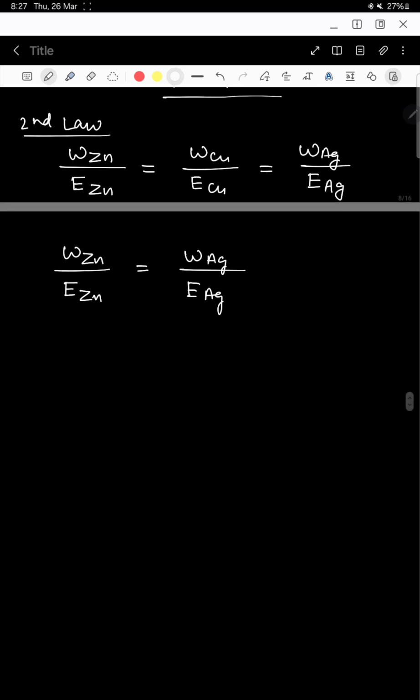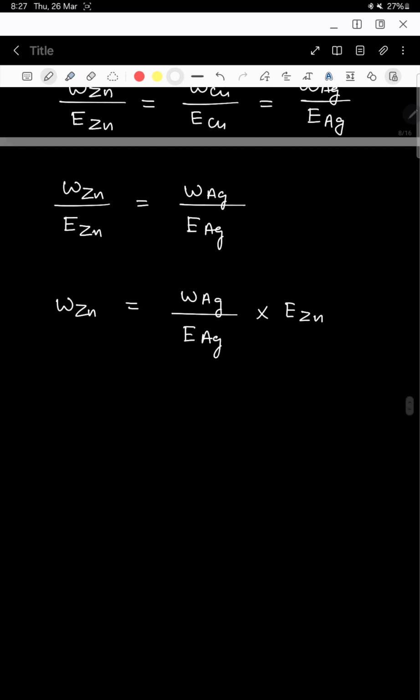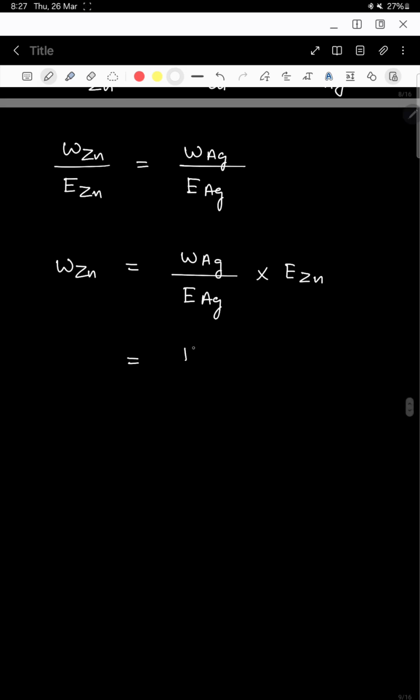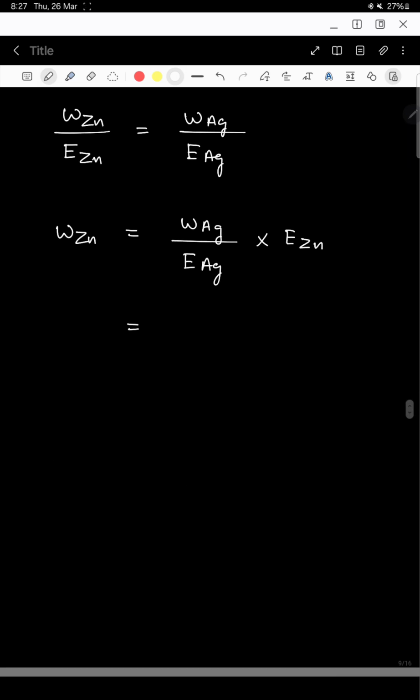So mass of zinc will be mass of silver upon equivalent mass of silver multiplied by the equivalent mass of zinc. Mass of silver was 1.45 gram, divided by equivalent mass of silver, which was 108, and equivalent mass of zinc was 65.3 upon 2, right?